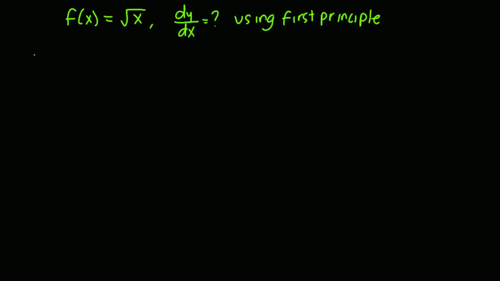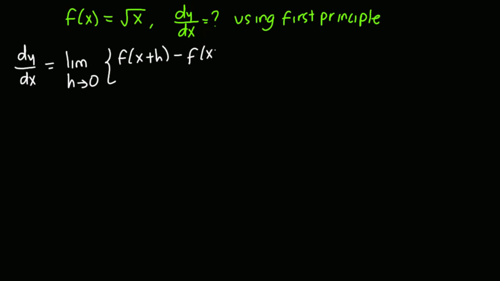Now, the first principle states that dy/dx is given by the limit as change in x, represented by h, approaches 0 of f of x plus h minus the original f of x, divided by the change in x represented by h. That should be the dy/dx.